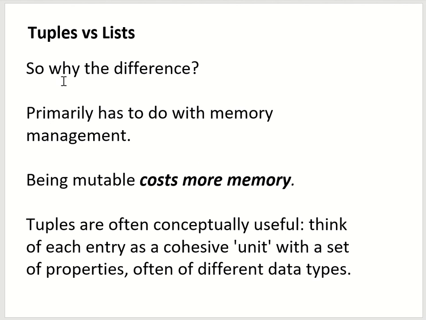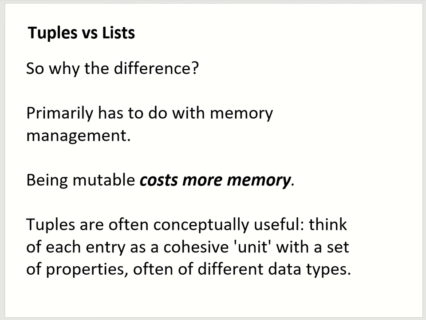So why the difference? Why are tuples a thing in Python, a basic built-in data structure? Basically due to memory management. Being mutable costs more memory. Lists take up more computing resources than would tuples.